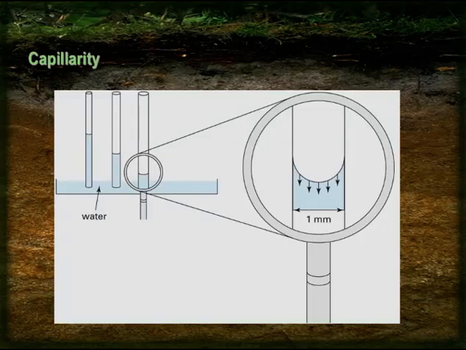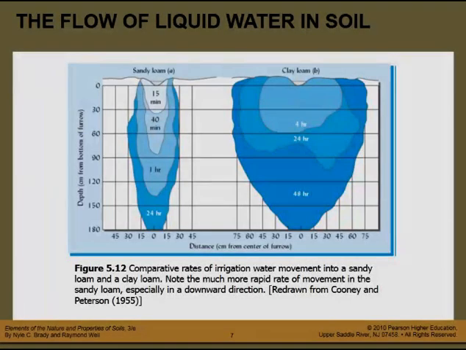Again, this happens in the soil. So a soil with more micropores has the potential to pull water up higher than a sandy soil. I'm going to give you a couple of graphics here to demonstrate that. What you're looking at here are two different soils. First we have a sandy loam and also a clay loam with quite a bit more clay.